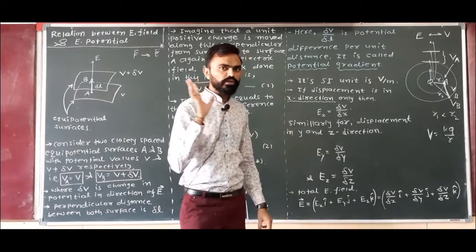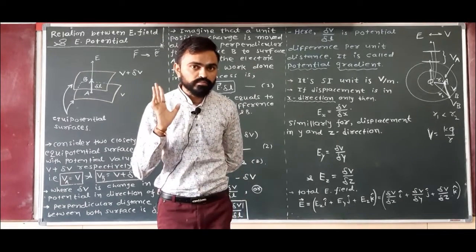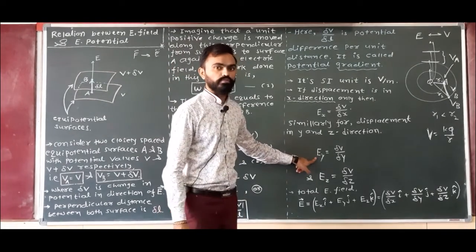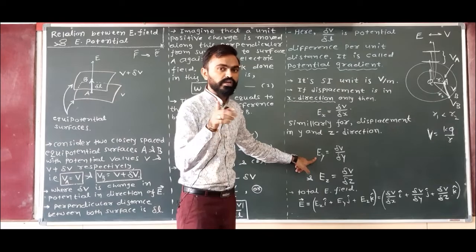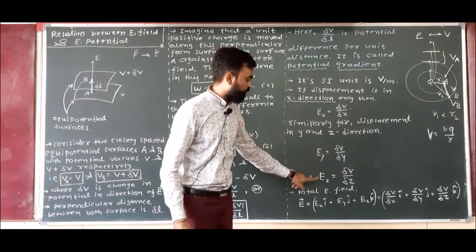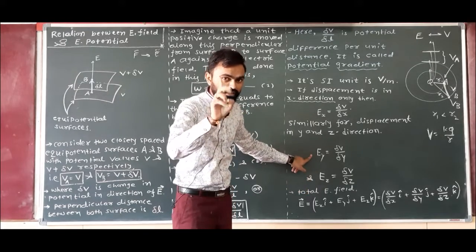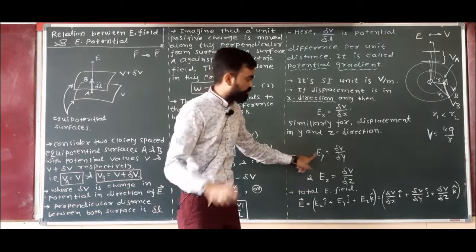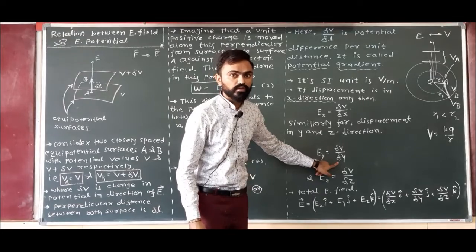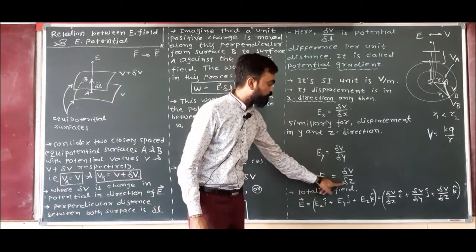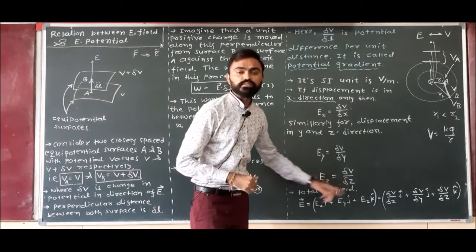Then the component of the electrical field we use is the component of y. Component of the electrical field in y direction and component of electrical field in z direction. When you take component of electrical field in y direction, you have to take a displacement in the direction of y only, and similarly for z direction, you have to take a distance in z direction only.